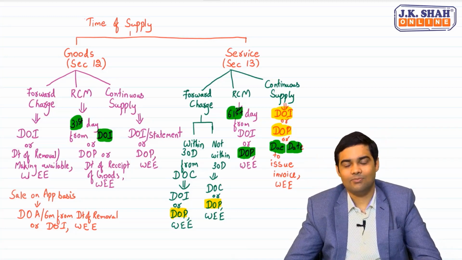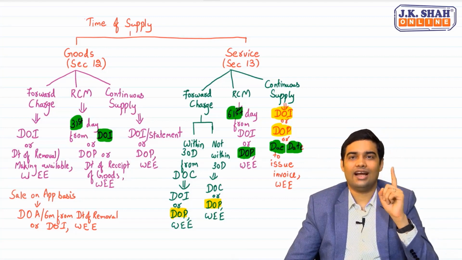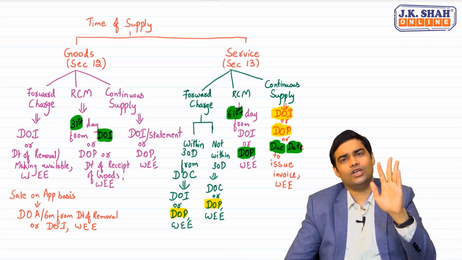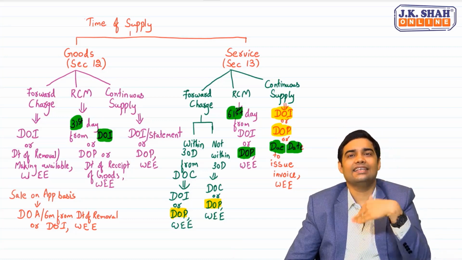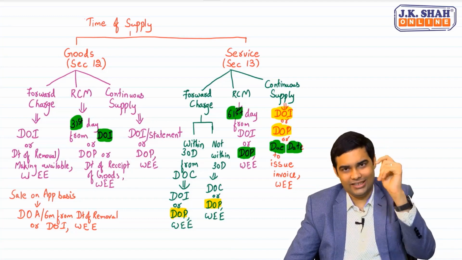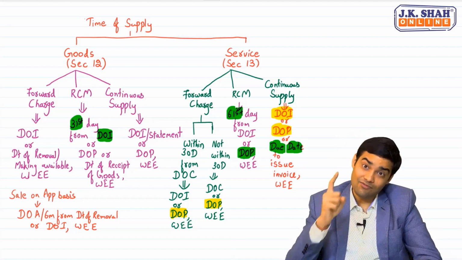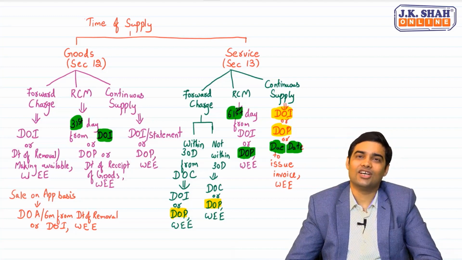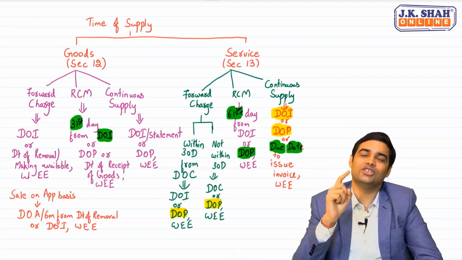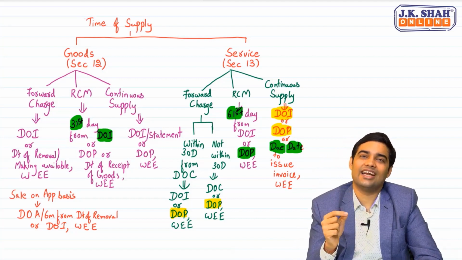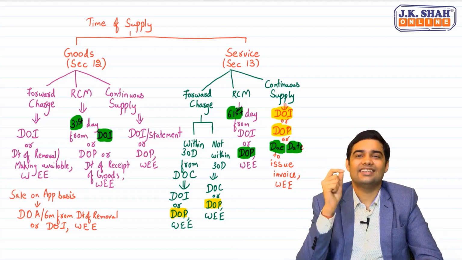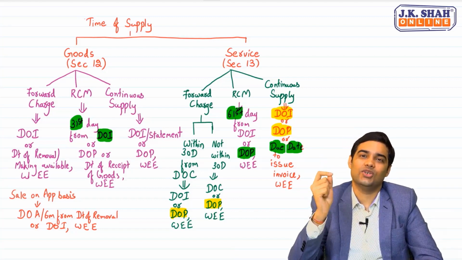For example, if the contract says based on floors, first floor is completed on 5th, I issue the invoice on 6th, I receive the payment on 7th, what would be the time of supply? 5th. Why? Because that becomes the due date to issue invoice. So completion of each event would be regarded as an instance of due date to issue invoice.